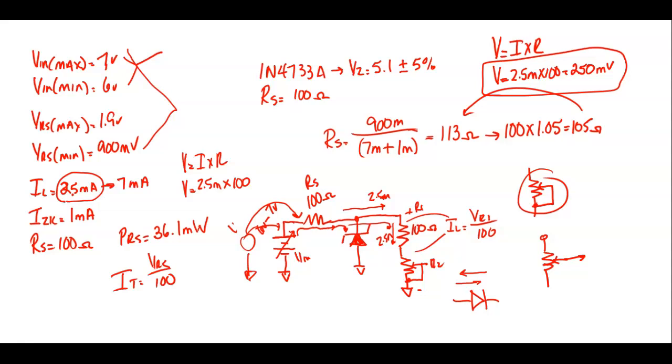So did the lab say what my input voltage is supposed to be when my load current is maximum? Did it say that? I don't have the lab. Y'all got the lab.